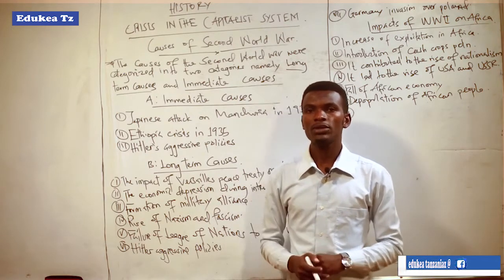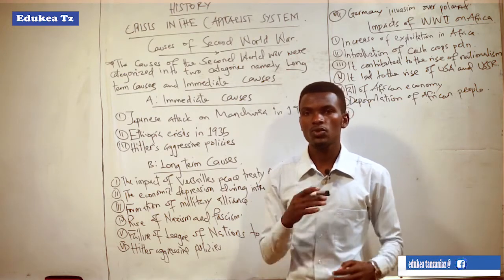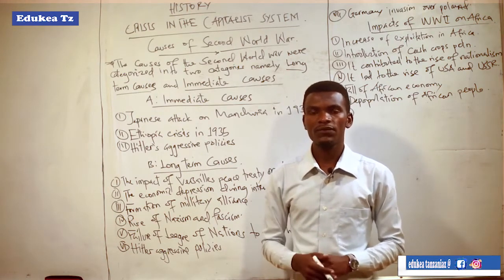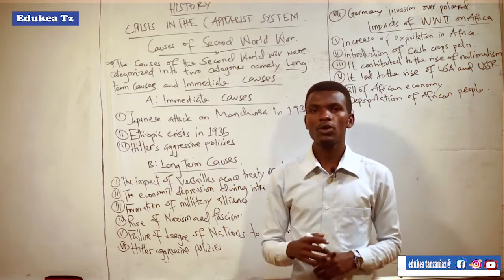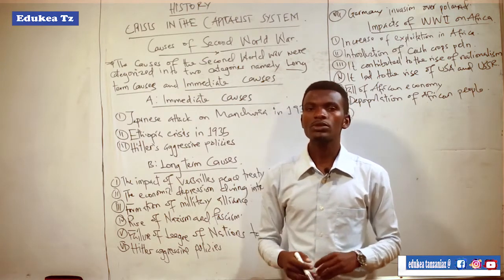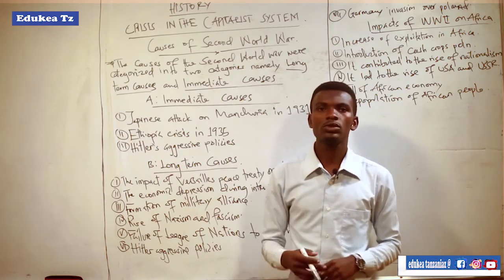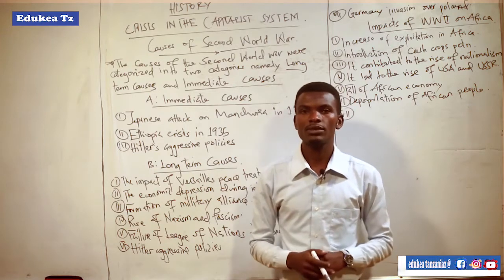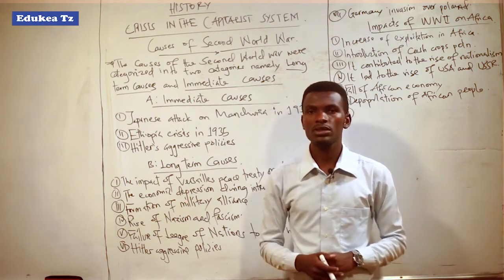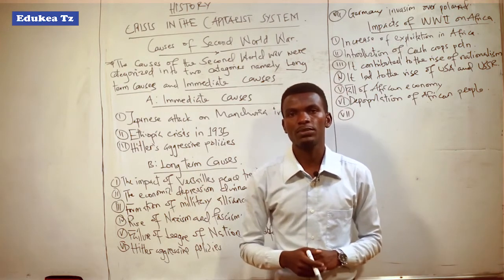So the Japanese government wanted to expand herself in China and create the new state as a colony, so that she could increase the production of various raw materials which could be used in feeding the industries in Japan.